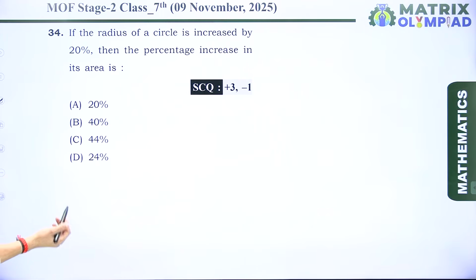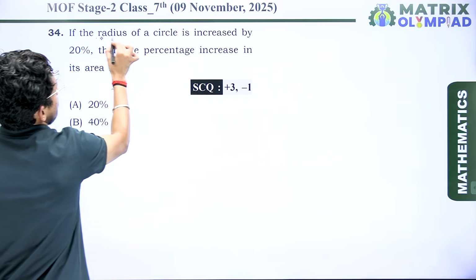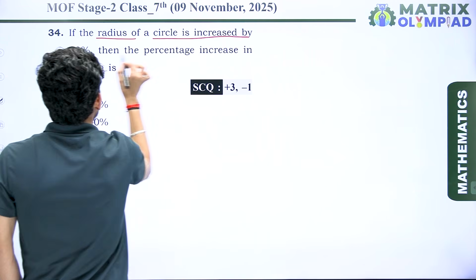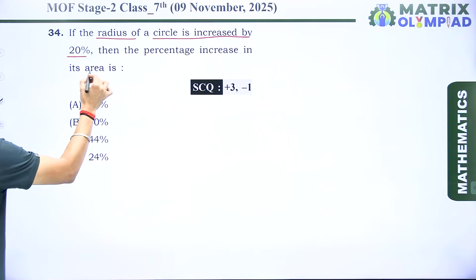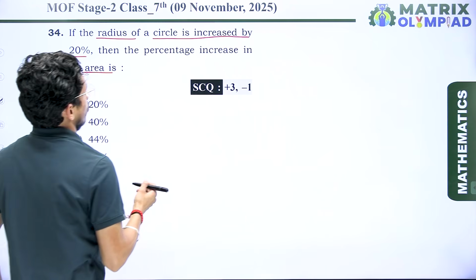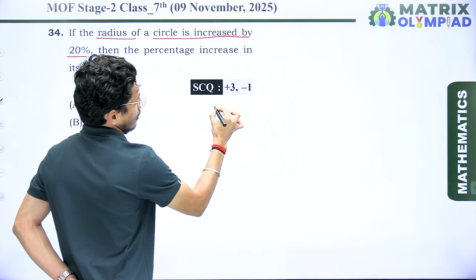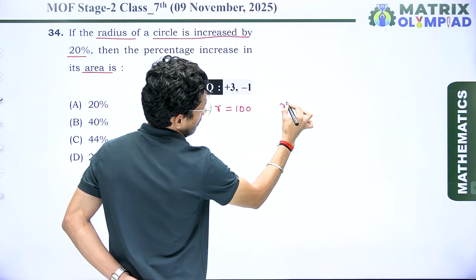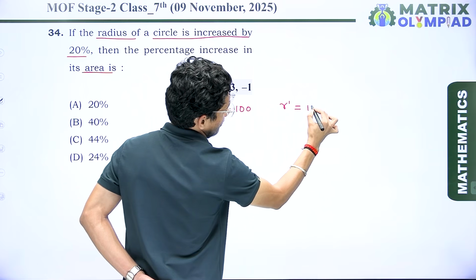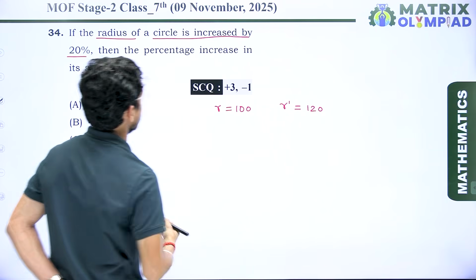Now the next question: if the radius of a circle is increased by 20%, then the percentage of increase in its area. So we know, let the radius first be 100, then the new radius r dash, after increasing 20%, is 120.